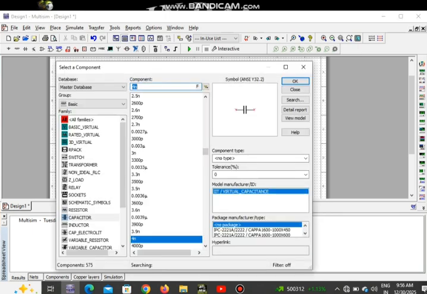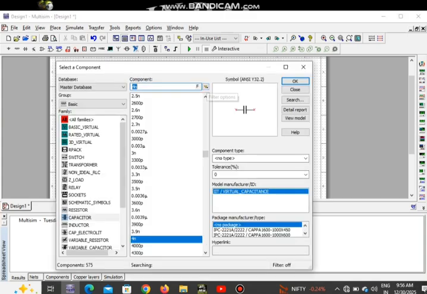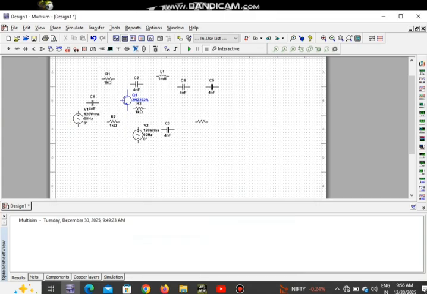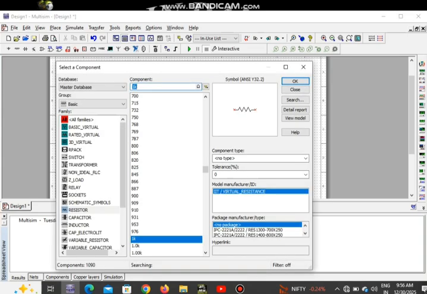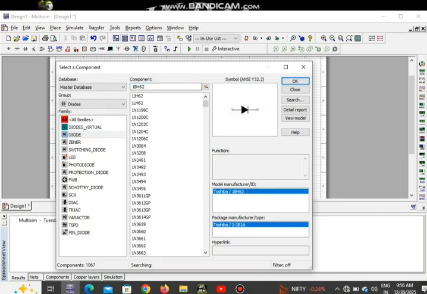Another one capacitor, C4. Another one capacitor, C5. Another one resistance, R4, then diode.